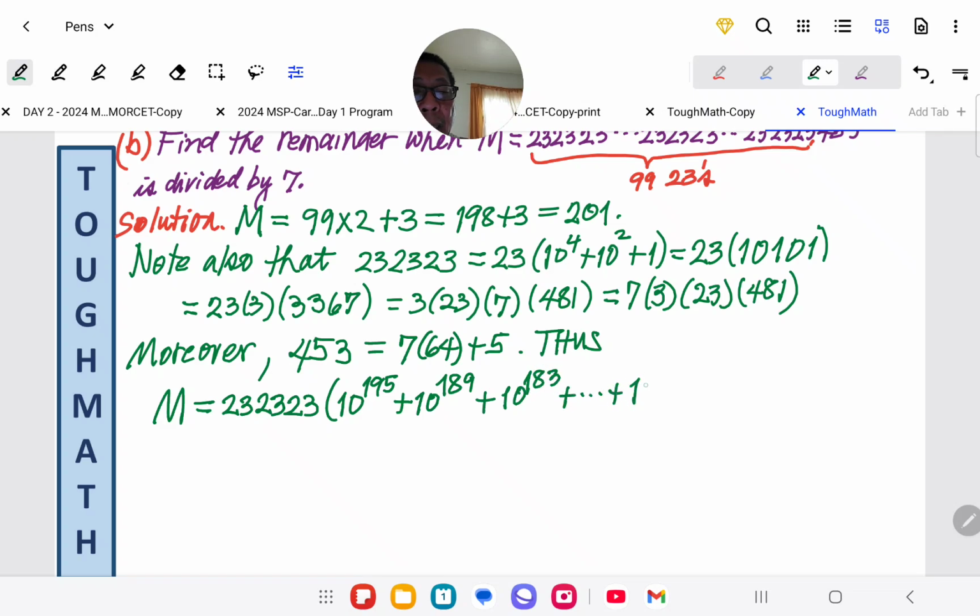We have 10 to the 9, and then 10 to the 3, plus 453.